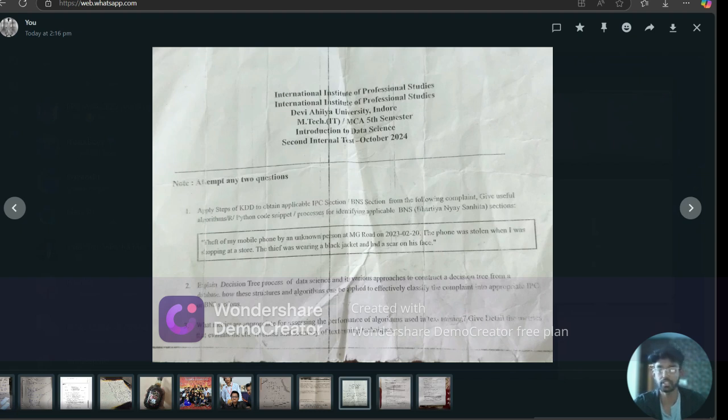Construct a decision tree using a suitable algorithm and splitting criterion. Fourth, model evaluation. Evaluate the performance of the decision tree using metrics such as accuracy, precision, recall, and F1 score. Fifth, model deployment. Deploy the decision tree model in a production ready environment to classify new complaints into IPC or BNS sections.